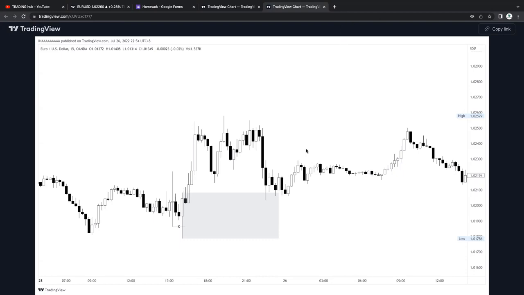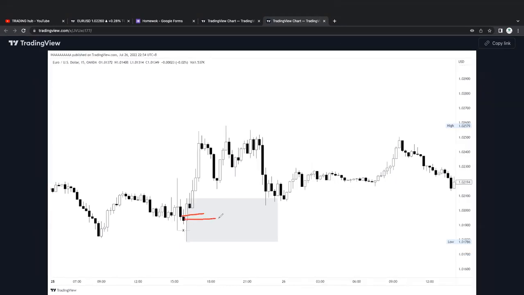We can mark this one, but in this case, if you mark the entire candle, you can see the next candle closes, taking out this high and closing below it. So it is not valid to take the entire candle, because there is no imbalance. So this is a refinement zone. We can use it for buy and sell. For example, here, as I told you, the market took out this high, and this entire candle acts like our IFC.